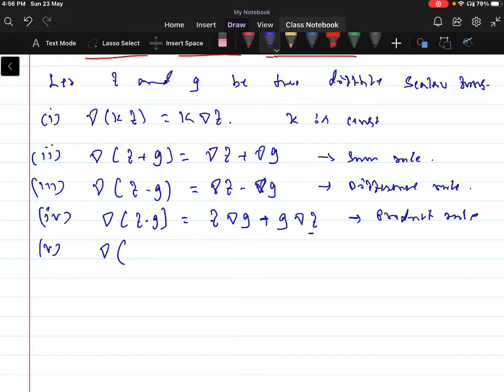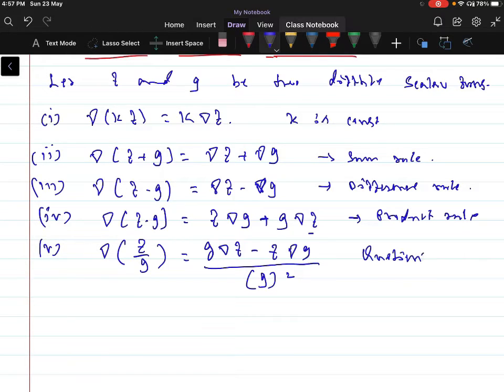Gradient of f by g, the division of two scalar functions, is equal to g into gradient of f minus f into gradient of the denominator, divided by g whole squared. This is the quotient rule, provided g is not a zero scalar function.